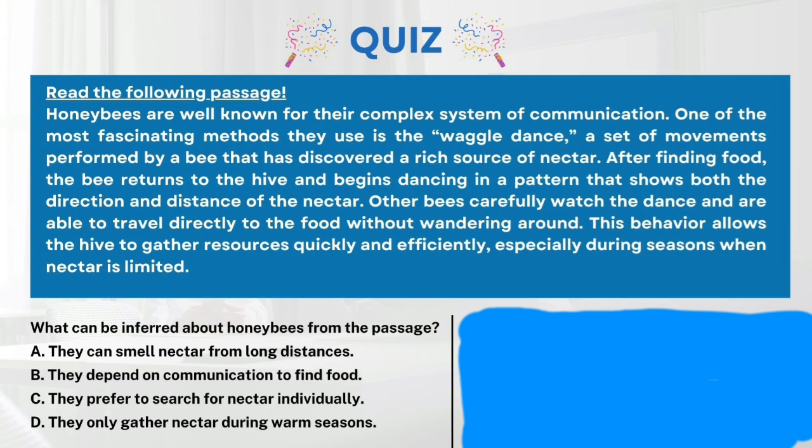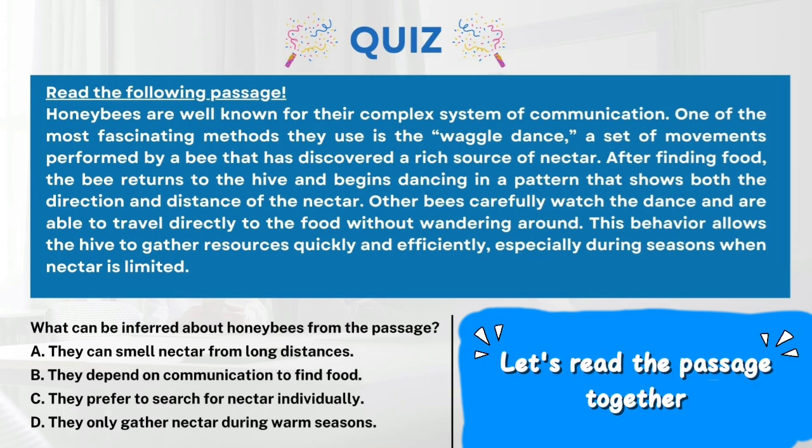Alright, let's do a quick quiz to check your comprehension. Honeybees are well known for their complex system of communication. One of the most fascinating methods they use is the waggle dance, a set of movements performed by a bee that has discovered a rich source of nectar.